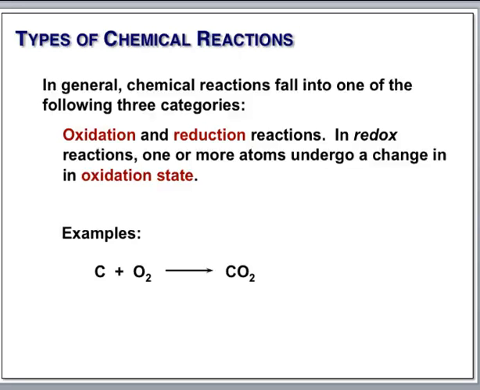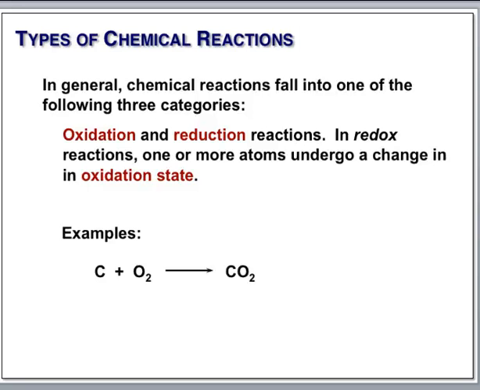And we'll see that almost all the other types have examples that are actually redox reactions. For example, we said oxidation numbers were such that we're going to compare the element or the compound with that element as it occurs in the periodic table.